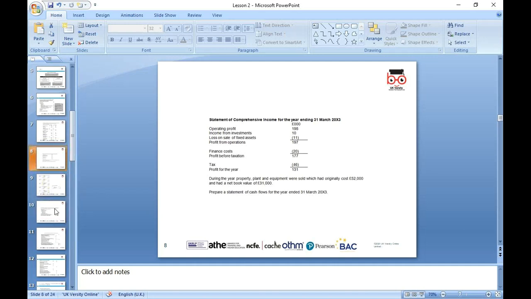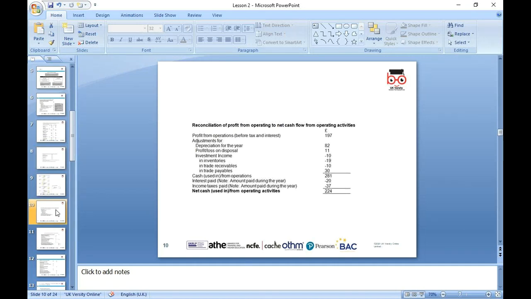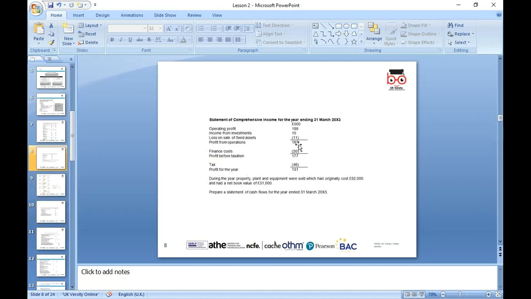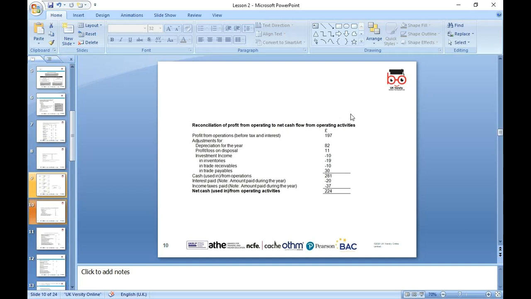So first, we start with the operating activity. We start with profit from operation, which is given in the statement. If you look there, profit from operation is 197 million. Sorry, it's not million, it's 197,000.